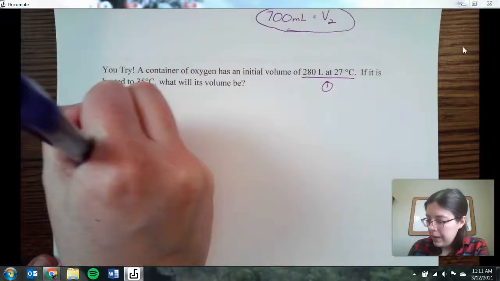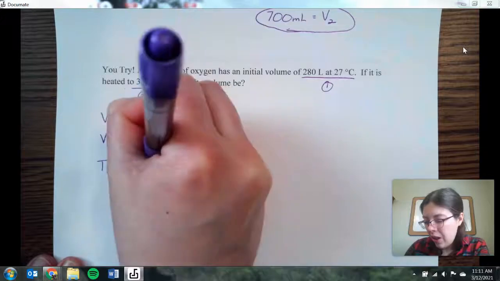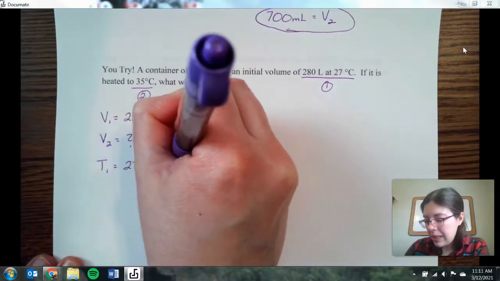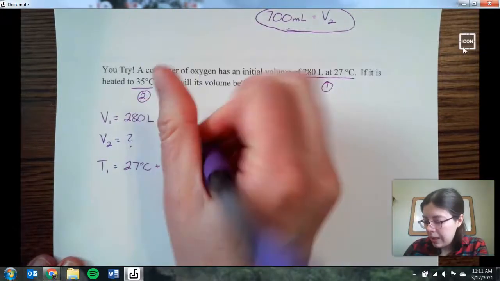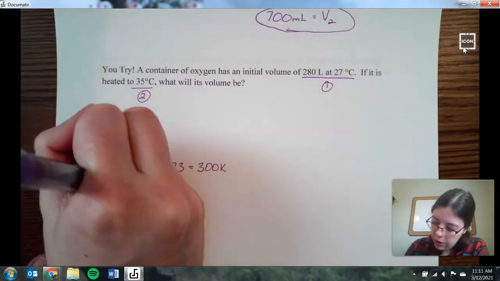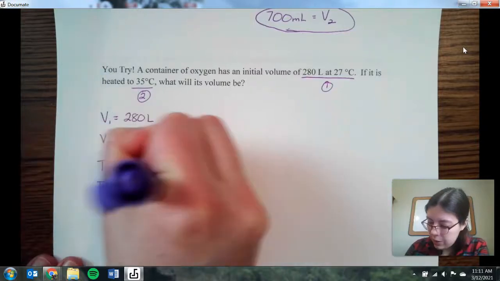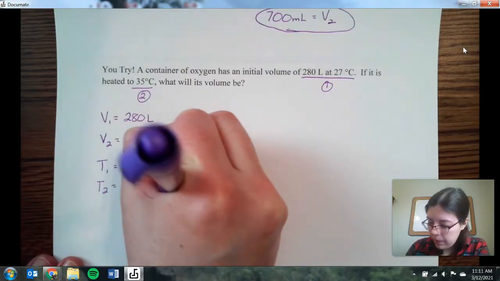Our T1 is equal to 27 degrees Celsius, but we need to convert that to Kelvin. So again, we're going to add 273, which gets us up to 300 Kelvin. And then for our T2, we have 35 degrees Celsius, and we want to add that 273 again.